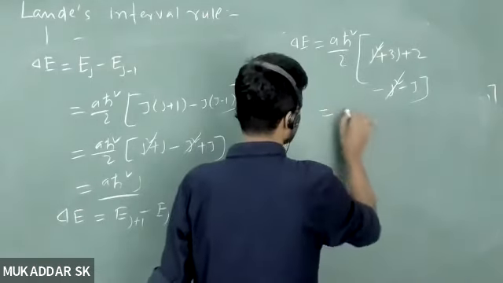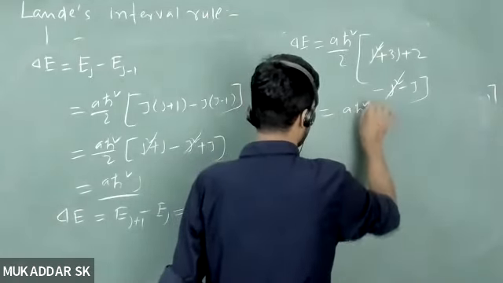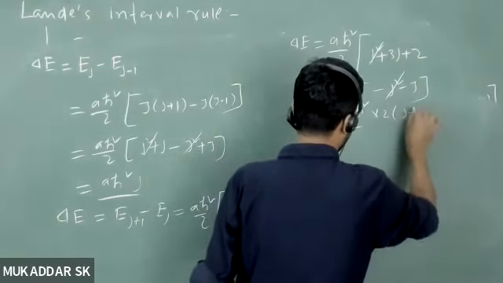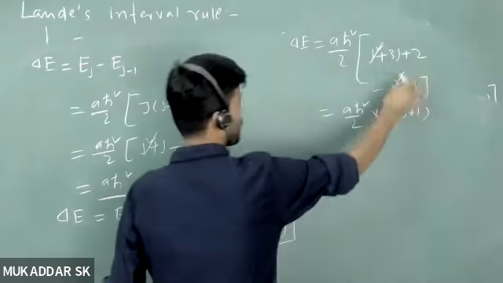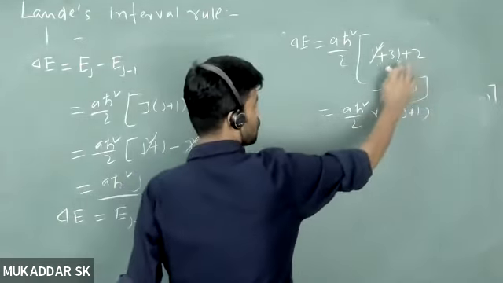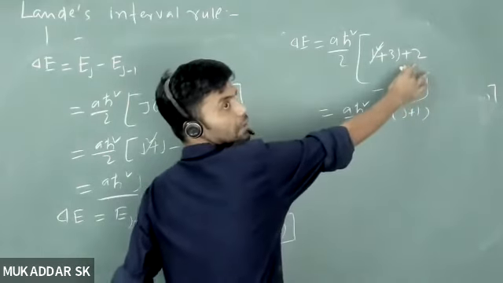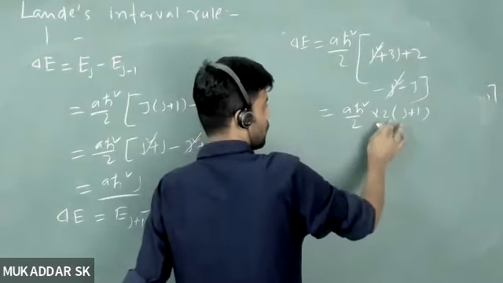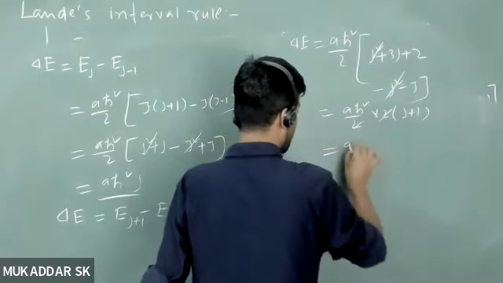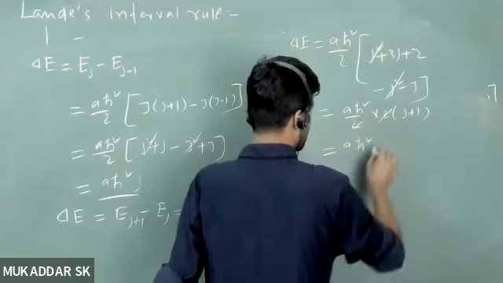And this will give you A h-cross square by 2 into 2J plus 2. Because 3J minus J will be 2J, and you have 2. So from both terms you take 2 common, you get J plus 1. And these 2 will be cancelled. So it will be A h-cross square into J plus 1.